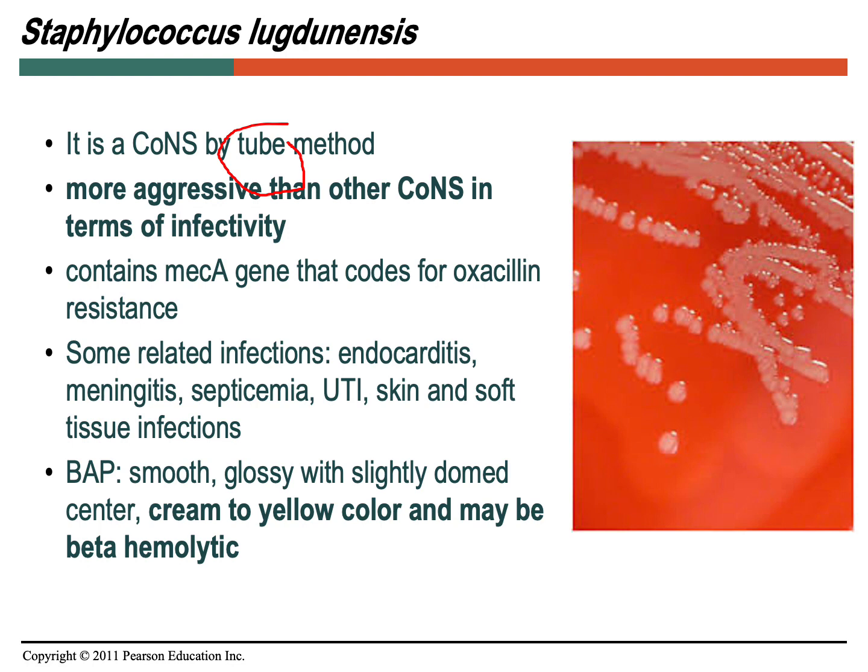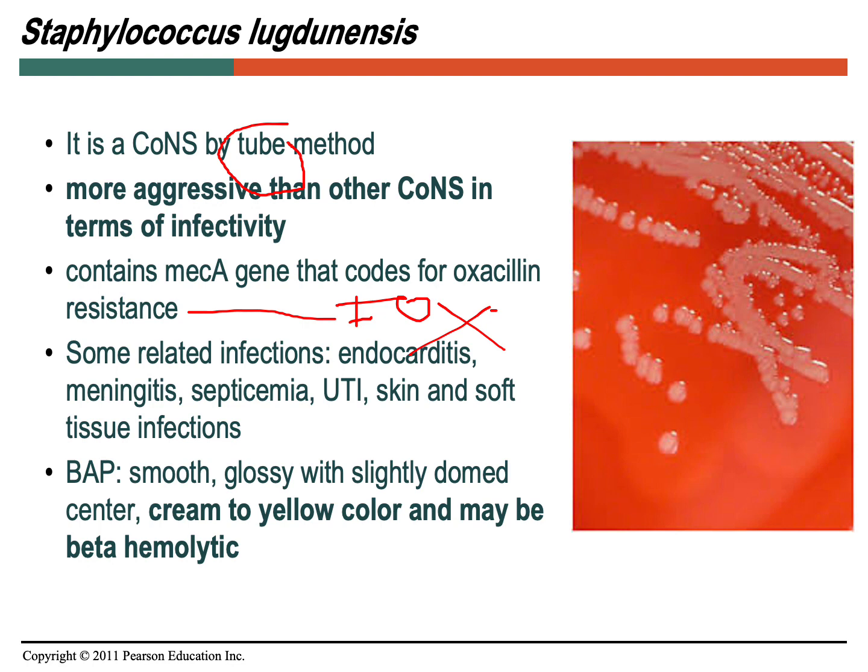That is why I told you earlier it is very important to perform the tube method, because Staphylococcus lugdunensis sometimes may appear as Staphylococcus aureus, so it will be missed. Staphylococcus lugdunensis is more aggressive than other coagulase negative staph in terms of infectivity. It also contains the mecA gene that codes for oxacillin resistance. So in order to detect this one, we need to perform the cefoxitin screen.